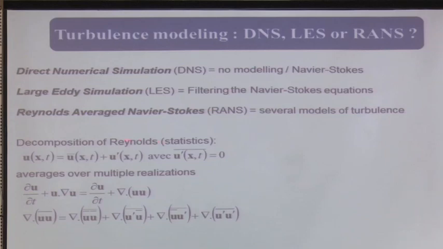The idea of the decomposition is to look for statistics, not the full fluid flow. So you look for the mean, U bar, and U prime, which is the deviation from the mean, the fluctuation from the mean.